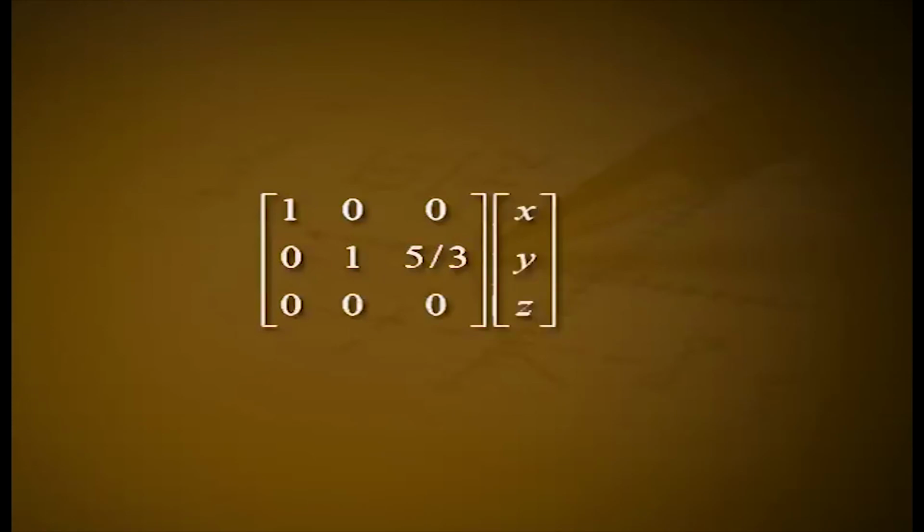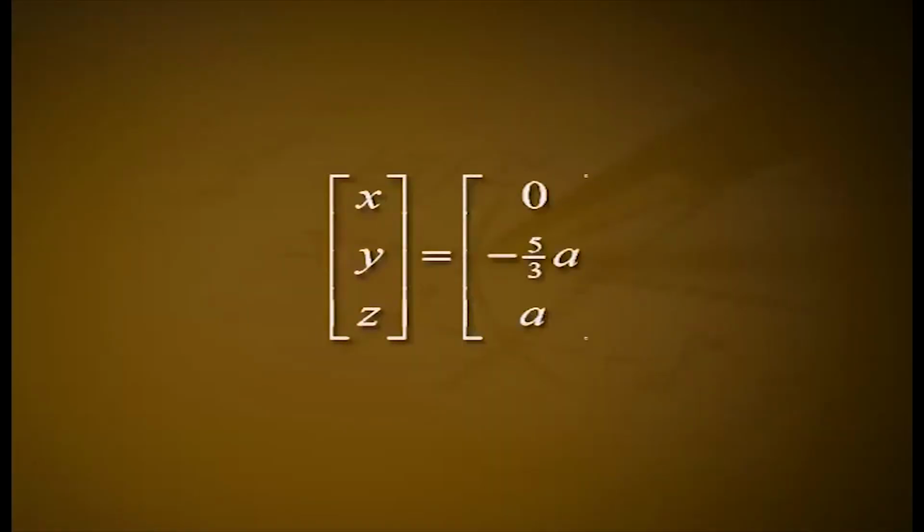Hence, the given system is equivalent to the following system. Matrix 1, 0, 0, 0, 1, 5 by 3, 0, 0, 0 into matrix x, y, z is equal to matrix 0, 0, 0, which gives the system of equations x is equal to 0, y plus 5 by 3 z is equal to 0.